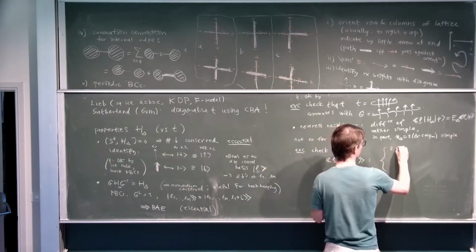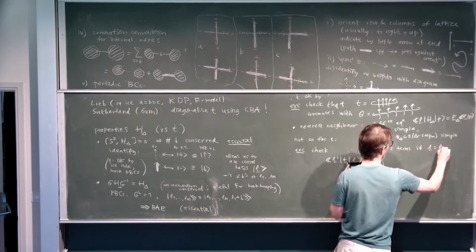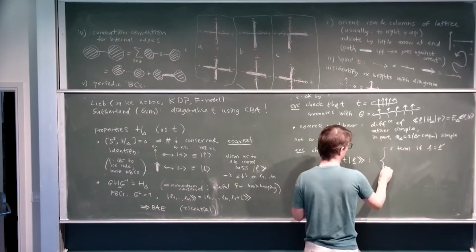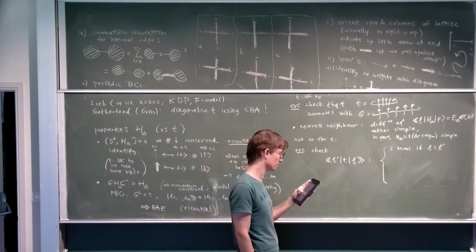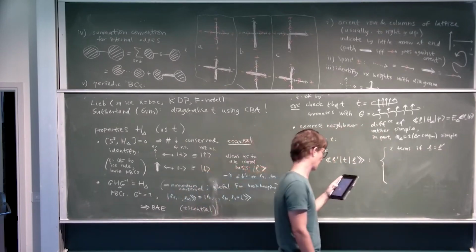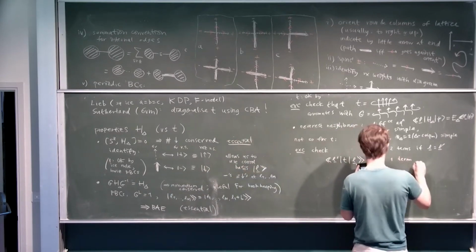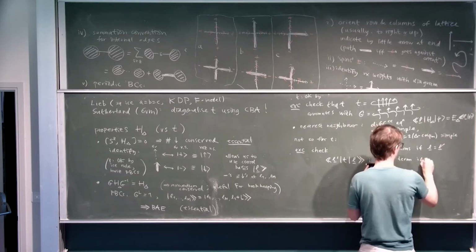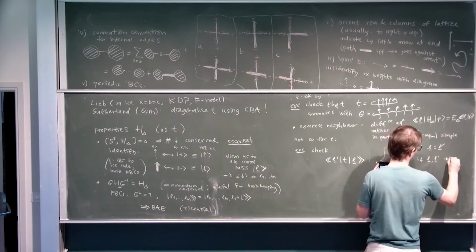So there are 2 terms if L is equal to L prime. So if the ingoing and the outgoing spin configurations are precisely equal, then the transfer matrix has 2 ways of doing this. Next, it has only 1 term if L and L prime are interlacing.